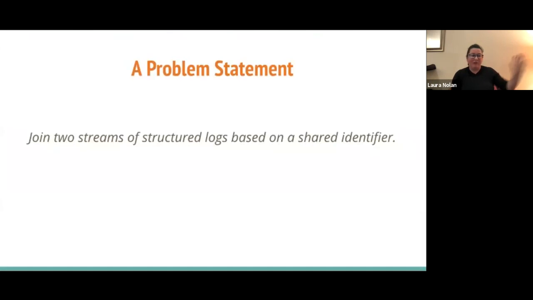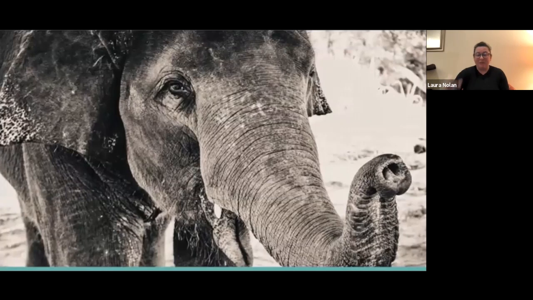So you have log A, log B, a shared ID that's common to both, and you want to come up with a log output that has the fields from log A and the fields from log B and the shared identifier. We also had an extra constraint, which was that we could only ever join any log entry once at most. So we ended up with a pretty complex system out of that simple statement.